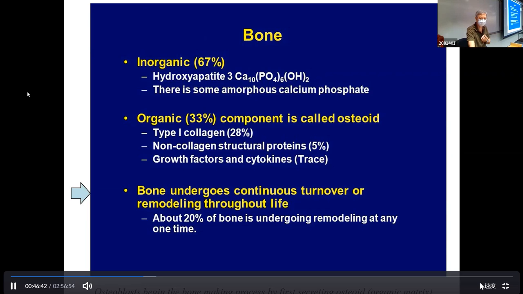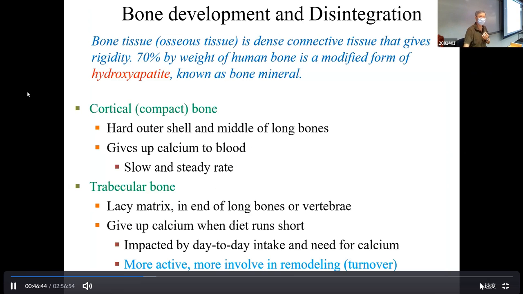Bone development and disintegration means the making of bone and the breaking down of bone. Bone tissue is dense connective tissue that gives rigidity. 70% by weight of human bone is a modified form of hydroxyapatite, known as bone mineral.